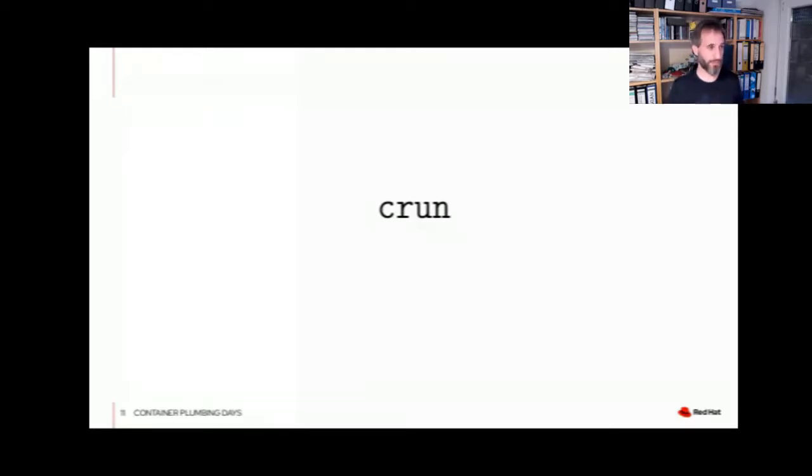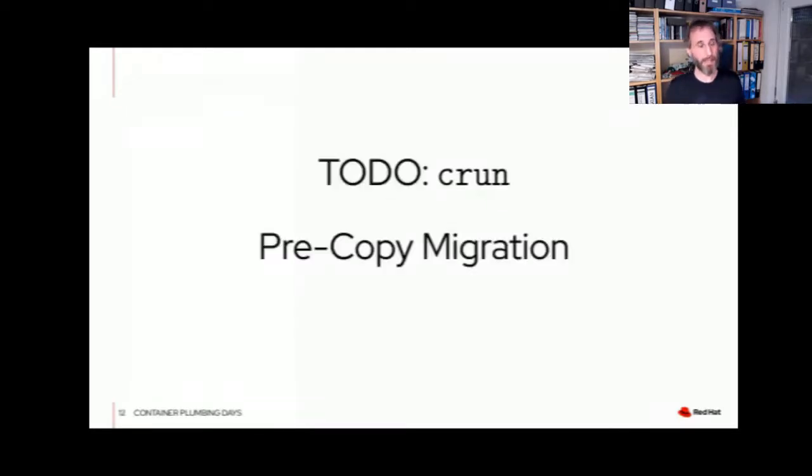There are still a few things which crun cannot do. So RunC supports pre-copy migration, so you can first do a dump of the container, write all the memory out to disk, then transfer the dump to the destination system. The container keeps on running, and then you do a second dump and just dump the pages which have changed.